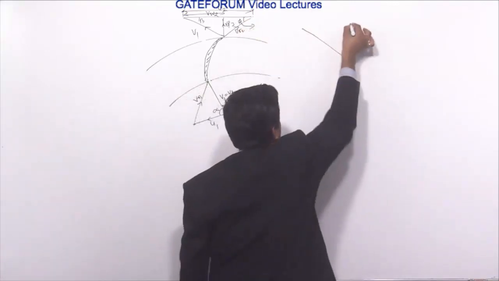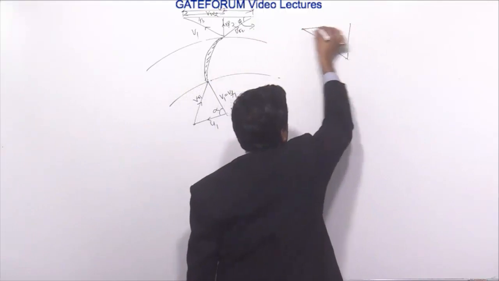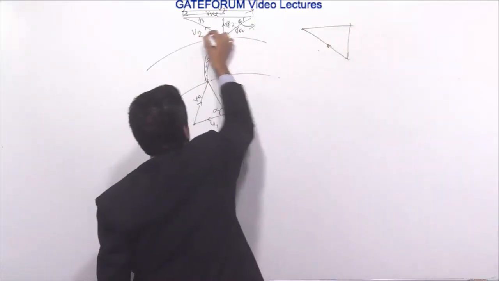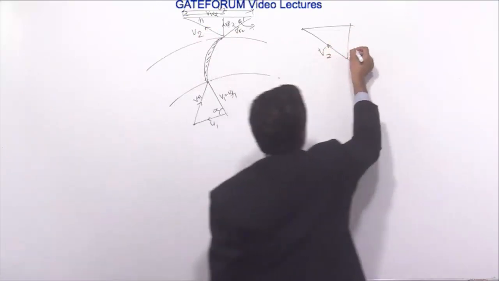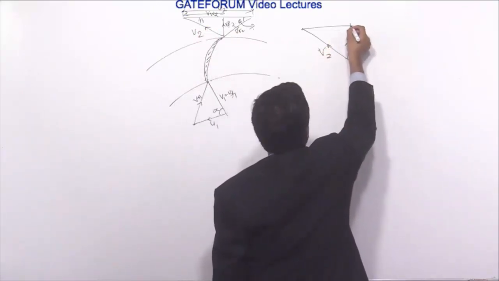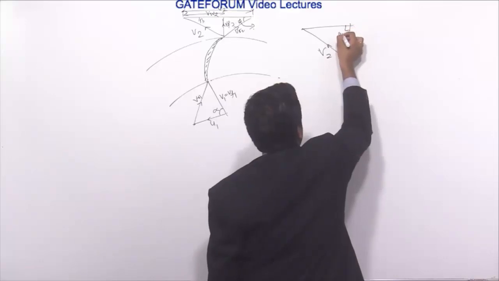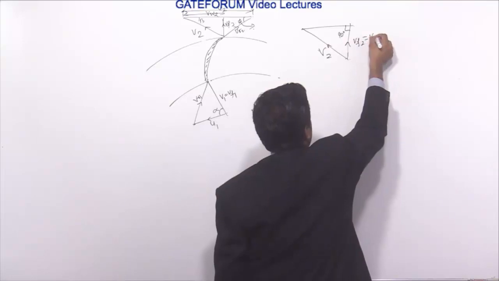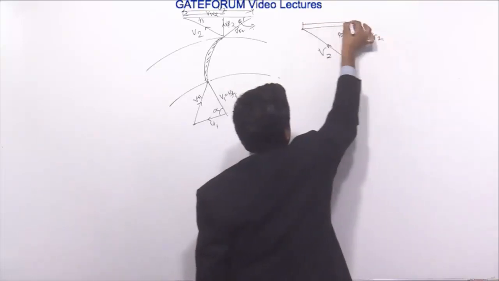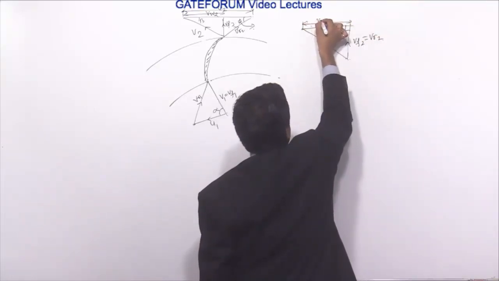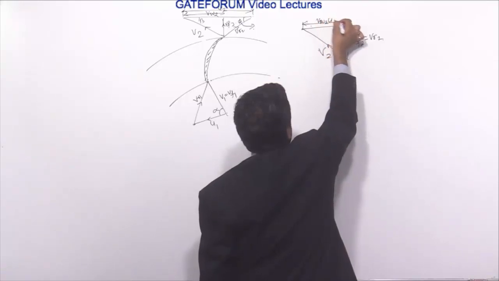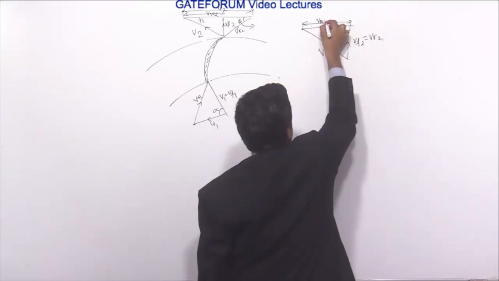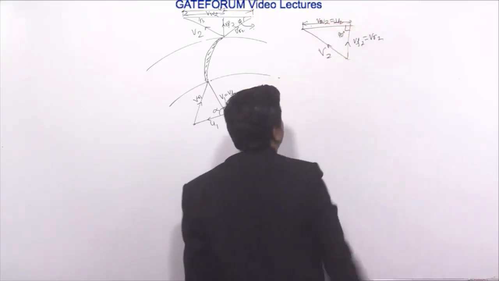So the velocity triangle at the outlet will be V2, with phi equal to 90 degree, Vf2 equal to Vr2, and Vw2 is equal to U2. Are you getting this or not?